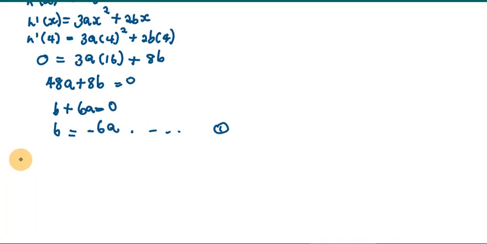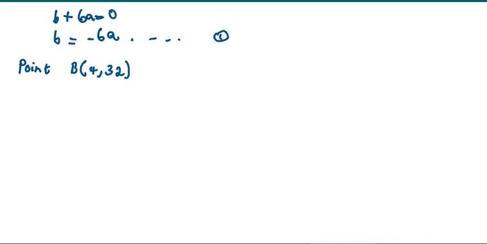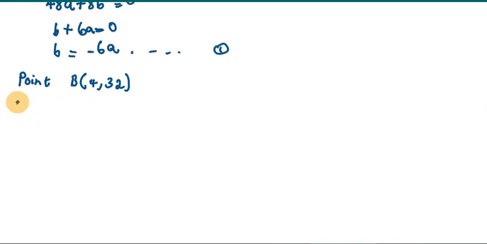I know that there is a point. That point is denoted by (4, 32). So, since I do have the function h at x that is given to be ax cubed plus bx squared, when I see h at x, h at x is the same as y, but it's just that this one is in function notation.